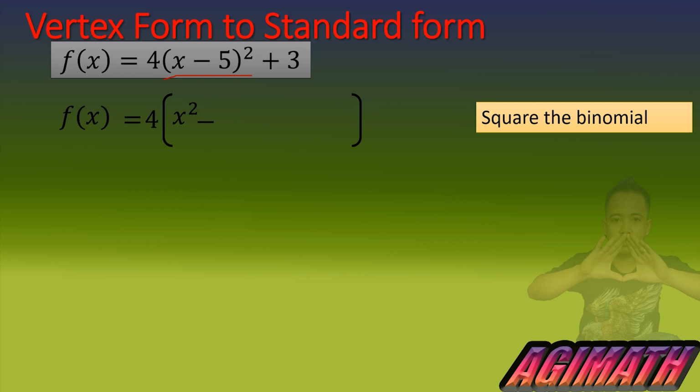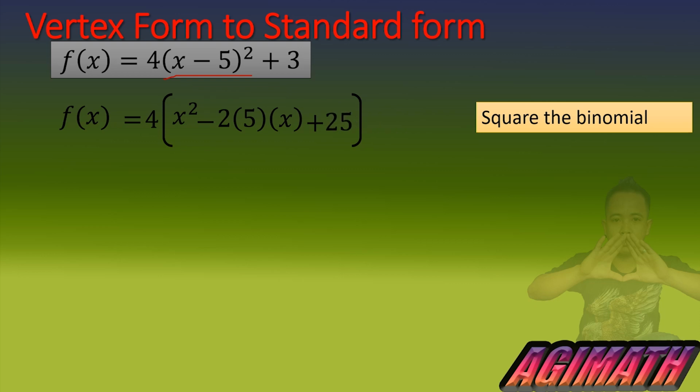And then always times 2, times the two terms, 5 and x. Do not mind the sign anymore because it is already on this part. And then the square of the last term. The square of 5 is 25.